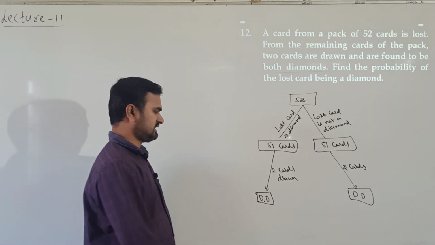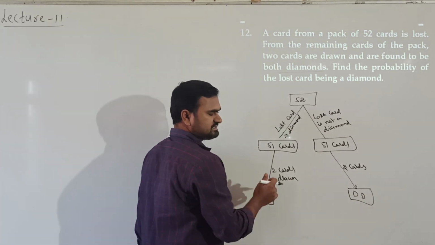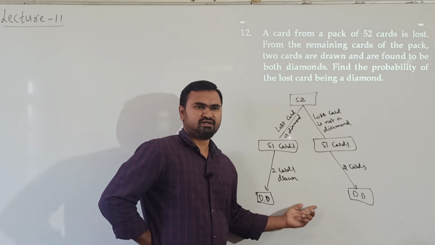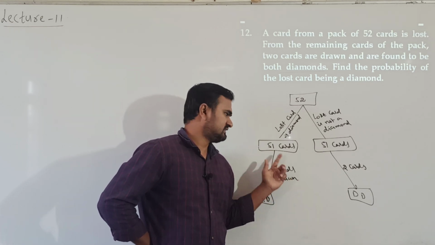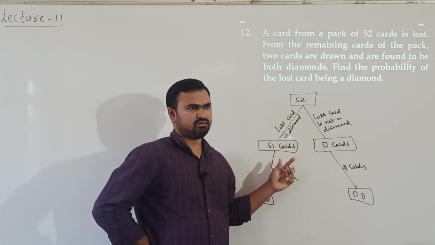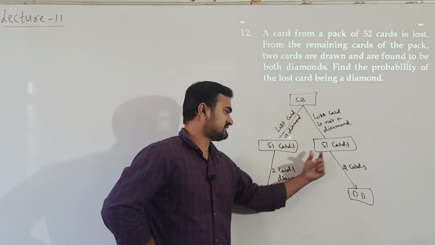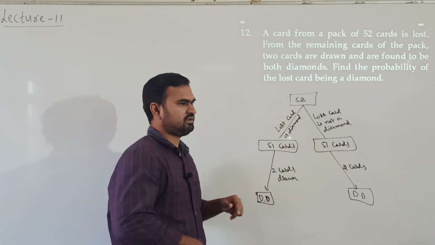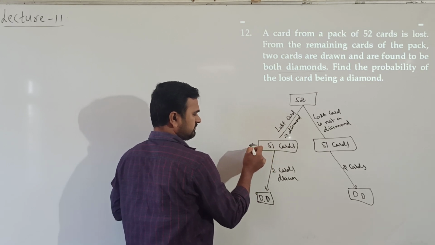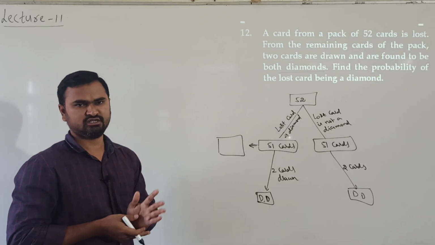Understand? So here, is the probability of getting both as diamonds in these two cases the same? Observe. Even though we have 51 cards in both cases, is the probability of getting two diamond cards the same in this case and this case? They are different. If the last card is a diamond, in these 51 cards, how many diamonds are there? We know that there are 13 diamond cards in 52.